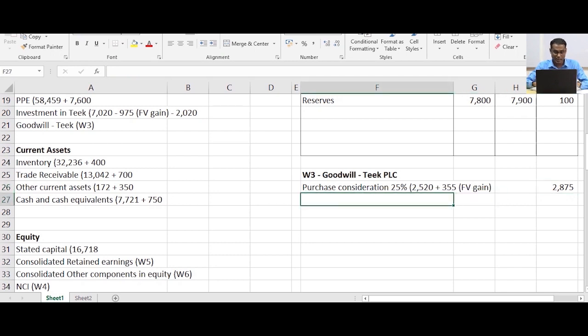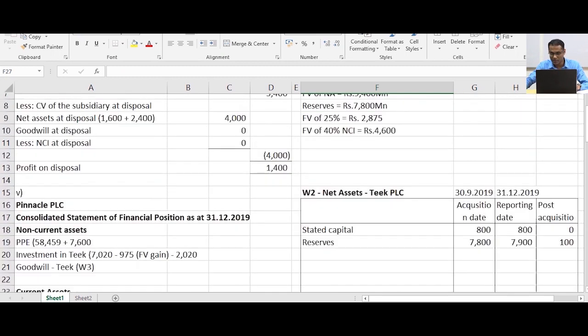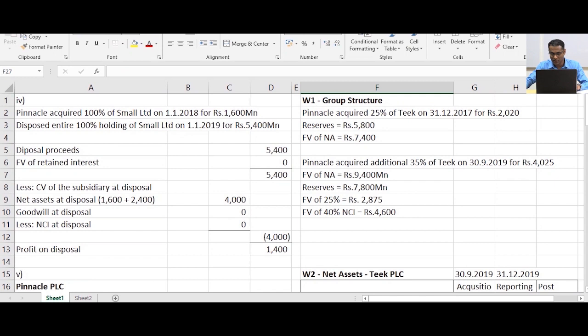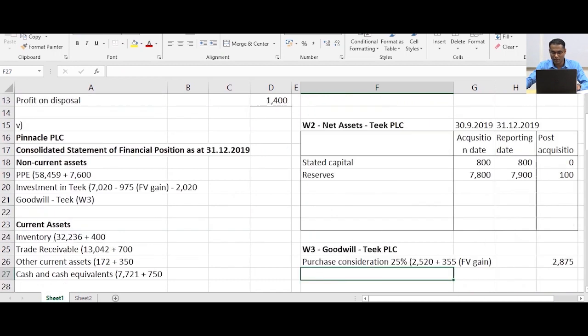Then you need to take the remaining 35% interest fair value. So how much is the purchase consideration paid to acquire the remaining 35%? So Pinnacle acquired an additional 35% of Teak on 30th September 2019 by paying 4025.